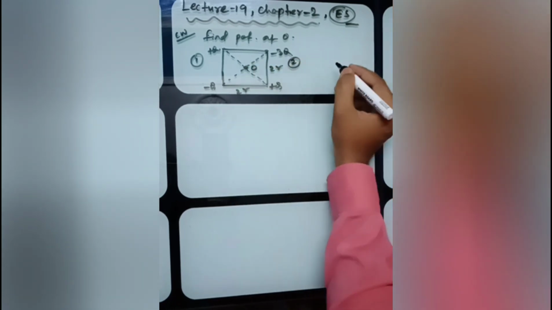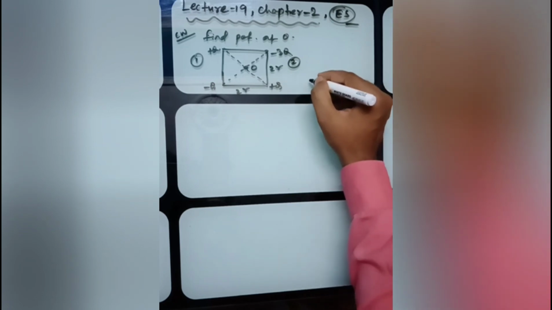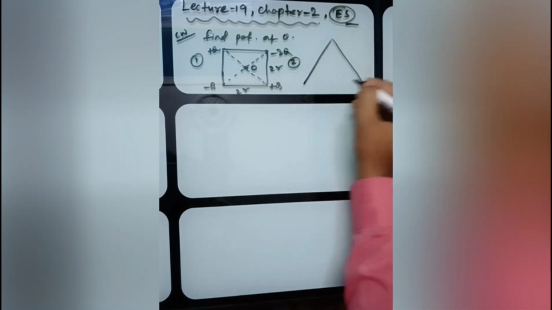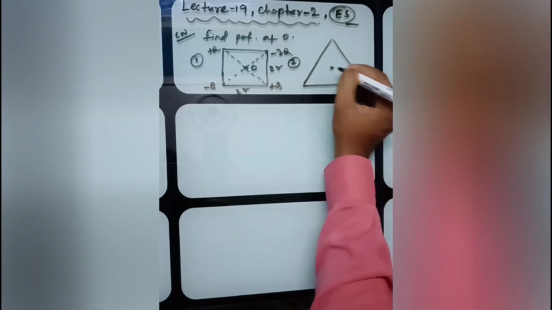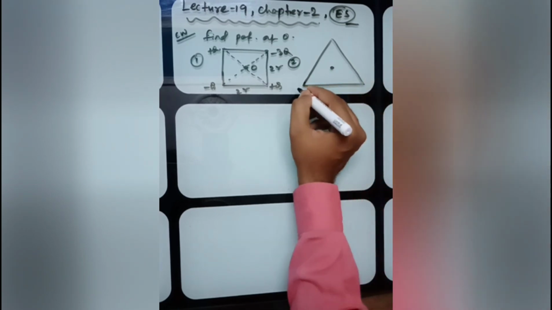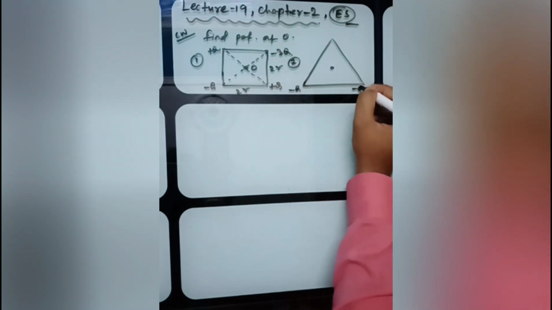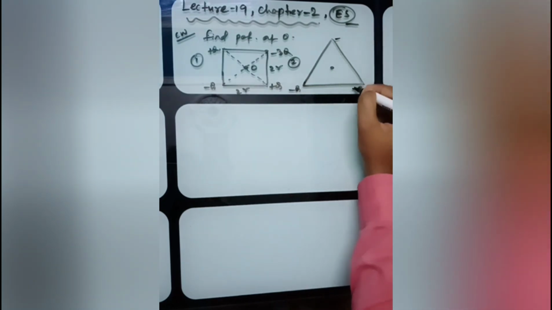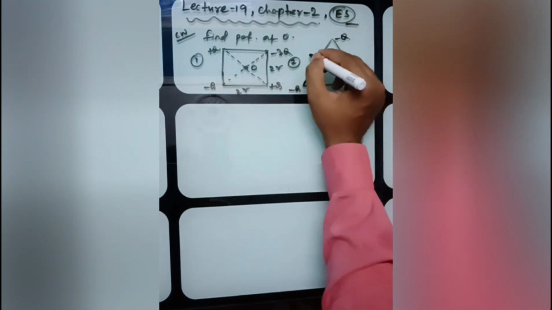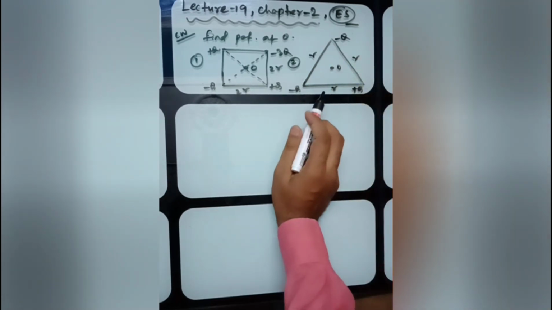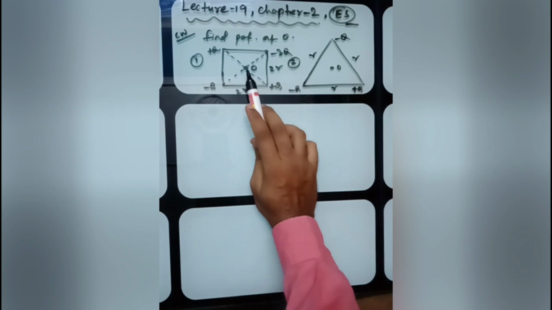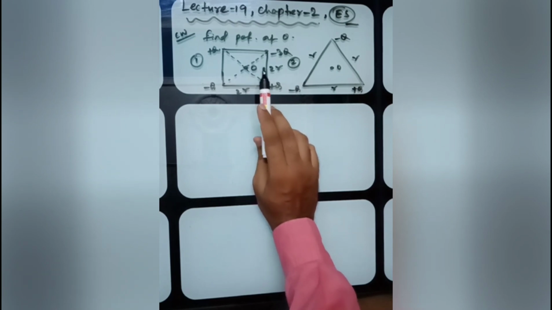And the second one, equilateral triangle, but you have to find potential at the center. Minus Q, plus Q and minus Q. You have to find potential at O, which is the center, and this is also at the center.